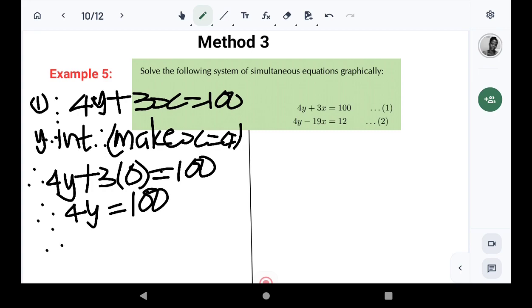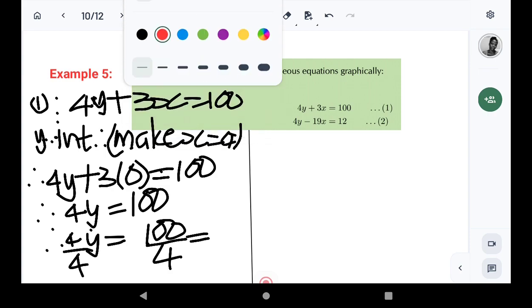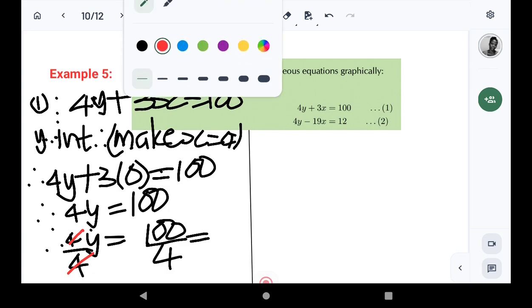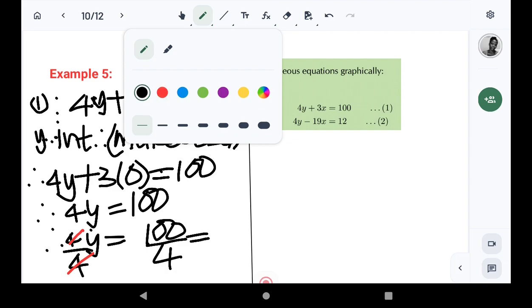Therefore, you divide both sides by 4. The 4s here cancel out. Then 100 divided by 4 is 25.